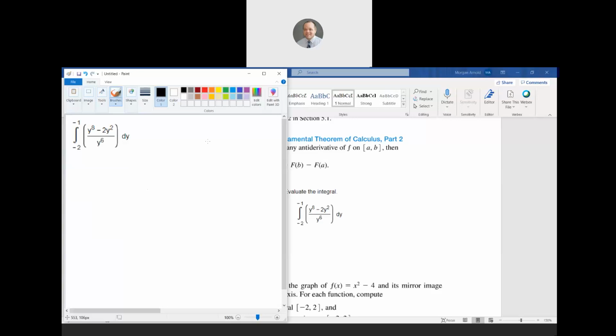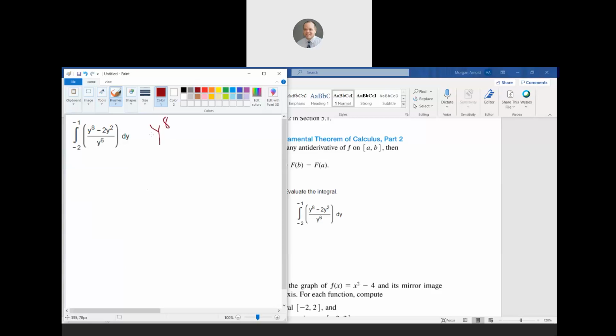Now, the only integrating technique we've learned so far is undoing the power rule. We need to, first of all, simplify this fraction before we can integrate. Since our entire fraction has a common denominator of y to the 6th power, we can split this into 2 separate fractions.